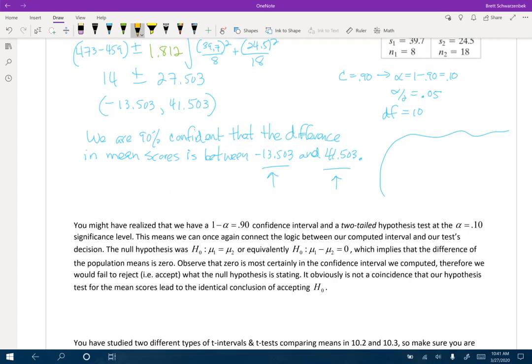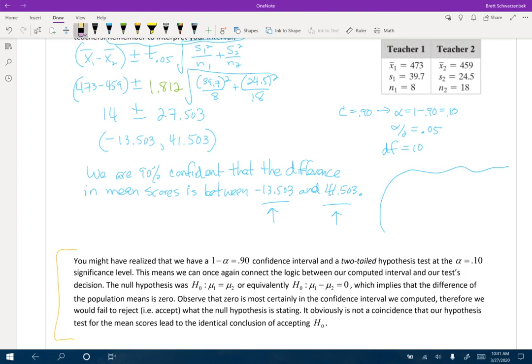Okay, so the time has come again to point out a very important concept. Remember, if you have an interval that is a certain confidence level, let's say 90%, and you have a two-tailed test that is 1 minus that confidence level, or in other words, 10% significance, then you can use the interval to make a judgment about the test.